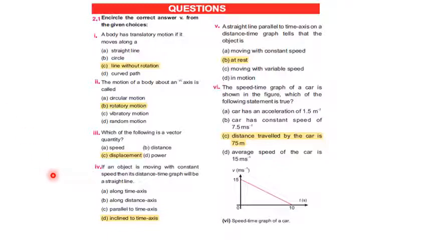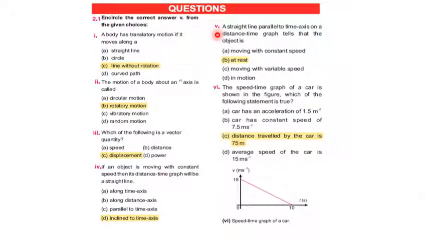Number 4. If an object is moving with constant speed, then the distance time graph will be a straight line A. along time axis, B. along distance axis, C. parallel to time axis, D. inclined to time axis. D is the correct answer because in constant speed the body is covering equal distance in equal intervals of time, so the line will be inclined to the time axis. Number 5.